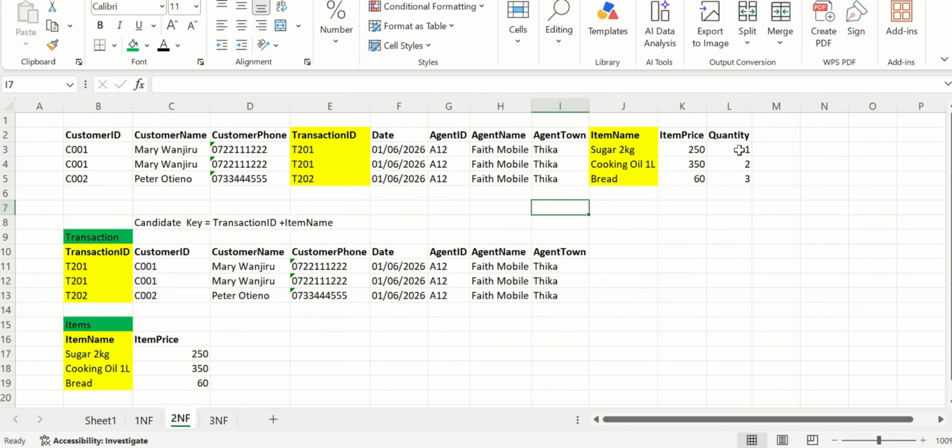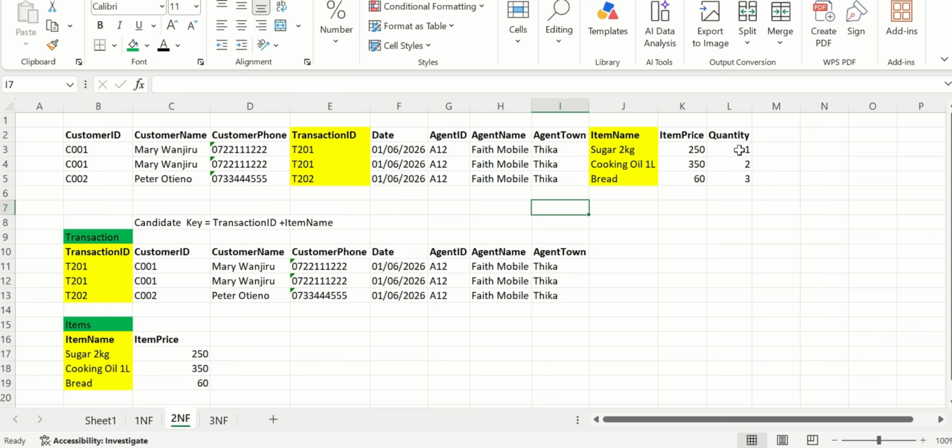Quantity depends on the candidate key, which comprises the transaction and item name. So we need to specify the transaction ID and the item of that particular transaction, so that's when we can get the quantity.